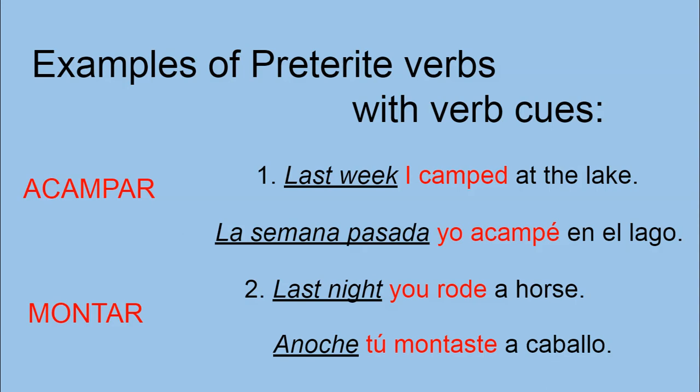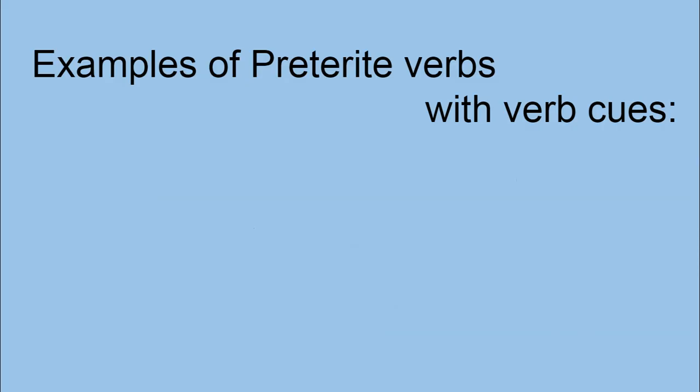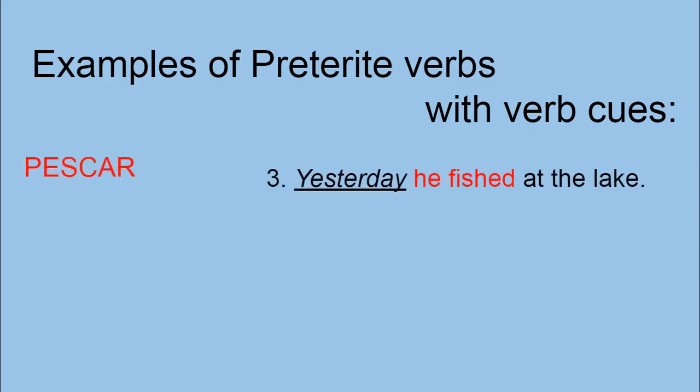Anoche tú montaste a caballo. Let's do one with the verb pescar. We're going to say yesterday he fished at the lake. So take a second and you write it first. Ayer él pescó en el lago.